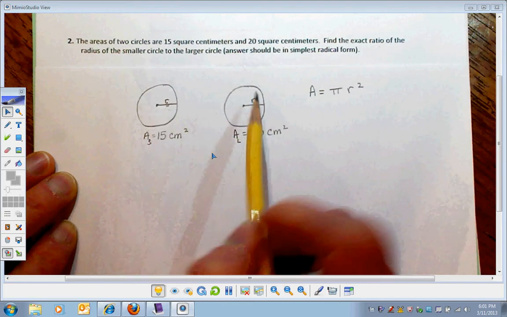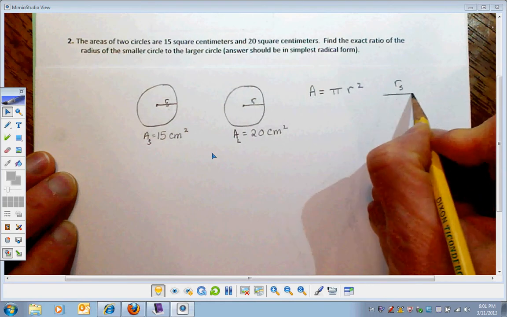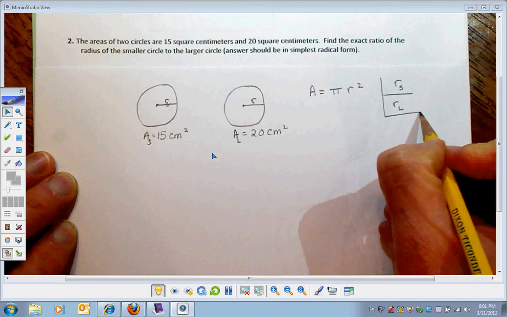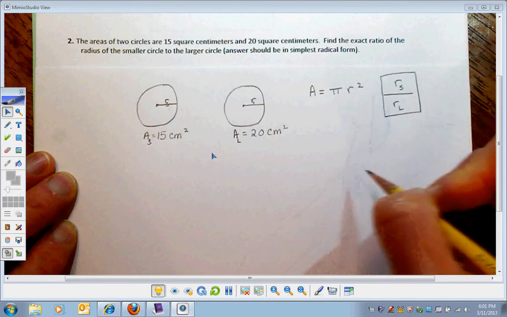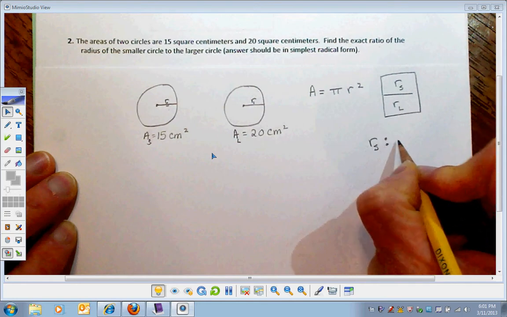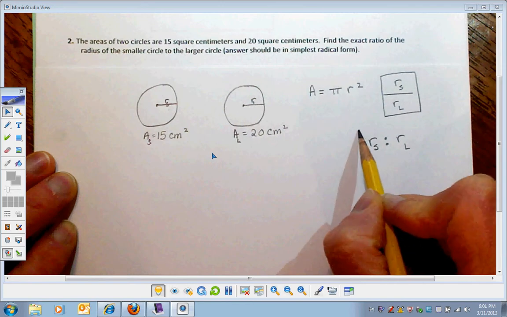So what are we looking for? We're looking for the ratio of the smaller to the larger. That's what we want right there, that ratio. We could write it like that, or we could write it like this. Either way would work, but that's what we're looking for as our answer.